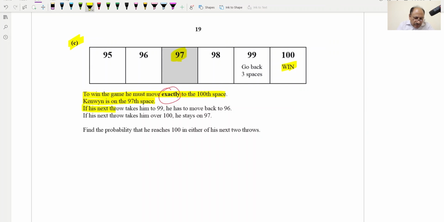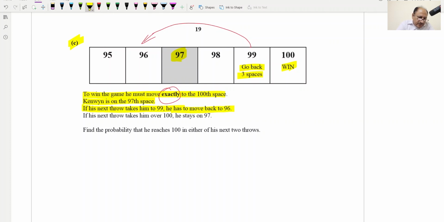If his next throw takes him to 99, he has to move back to 96, go back 3 spaces. So if he reaches 99, he has to go back 3 spaces, so he'll be going back to 96.